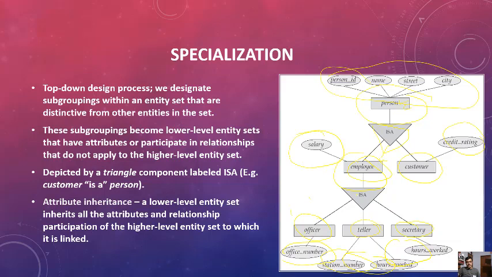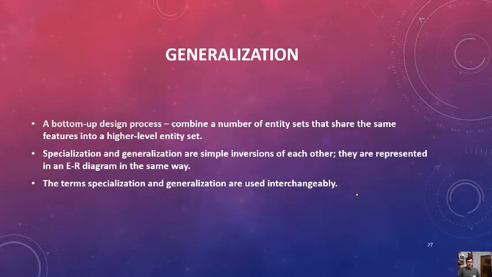So generalization is a bottom-up design, while specialization is a top-down approach. Generalization combines a number of entities that share the same features into a higher-level entity, but specialization subgroups the higher-level entity into special cases, into special situations that have their own attributes.